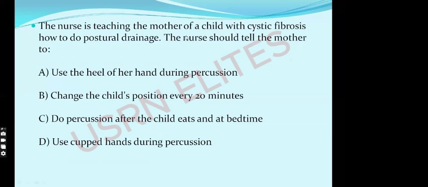The nurse is teaching the mother of a child with cystic fibrosis how to do postural drainage. Remember, with the respiratory aspects, we said they have thick secretions. Though we didn't mention this when we were talking about it during the review, right? But they will need postural drainage to help loosen some of the secretions in the chest. So we are saying the nurse should tell the mother to do what among these options?